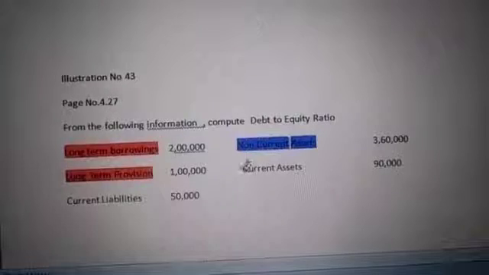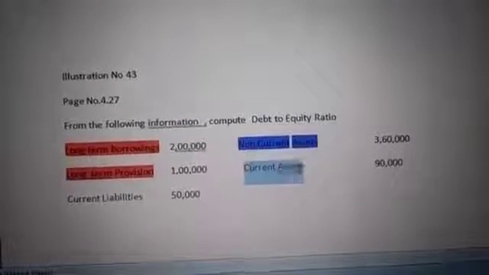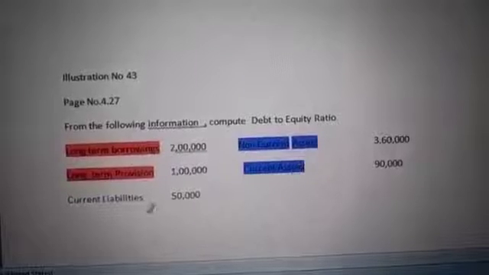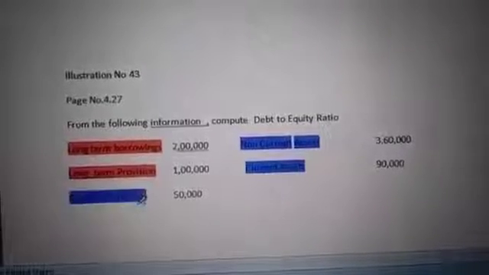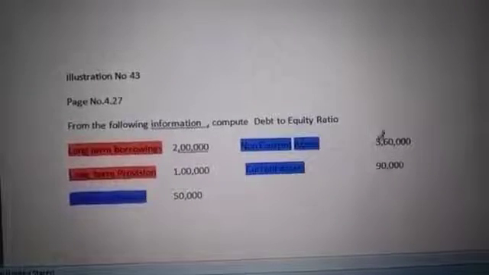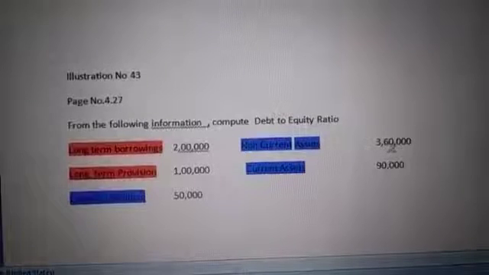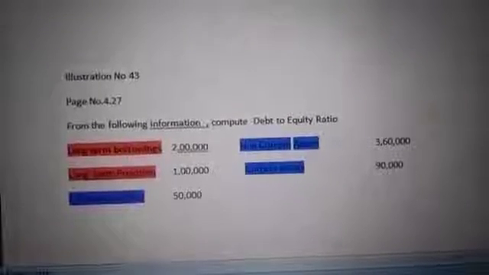Then non-current investment is not given. Adding current assets and minus, what will be minus? Current liabilities. Then what will come? Equity will come. So for getting it, what we have to do? 3,60,000 plus 90,000 minus 50,000.